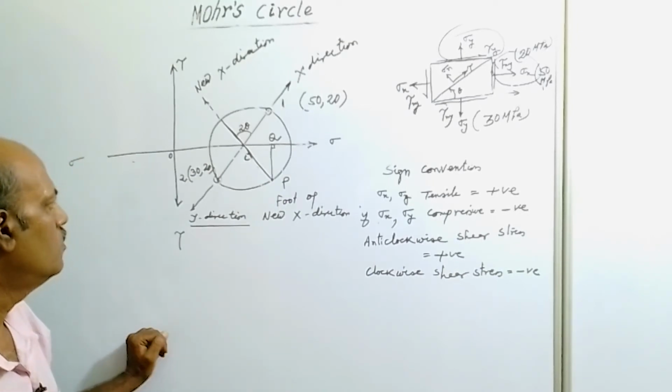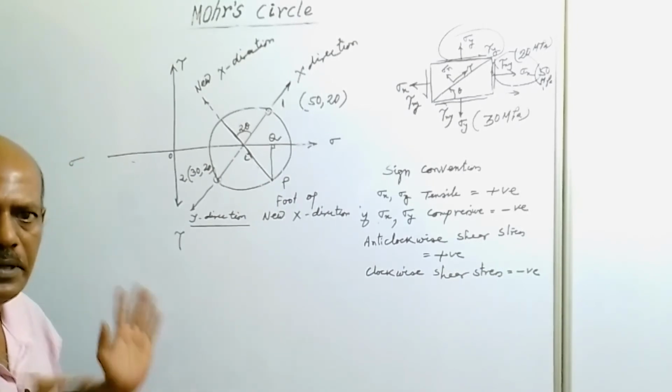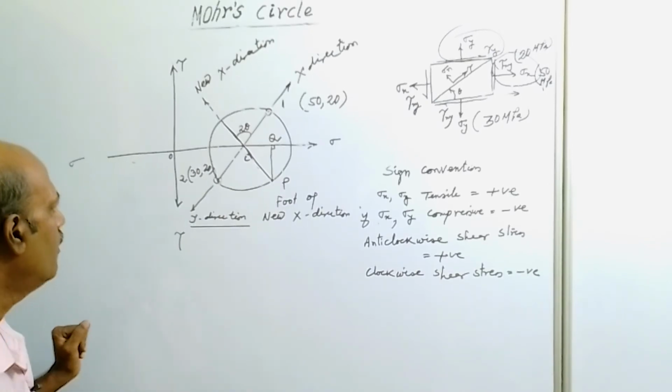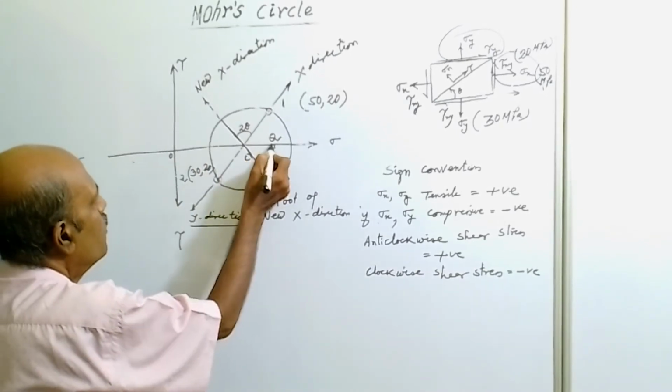Now the problem is solved. By measuring, we have to give the answer. Measure the distance from O to Q, that is the OQ distance. From origin to point Q, measure using the same scale.